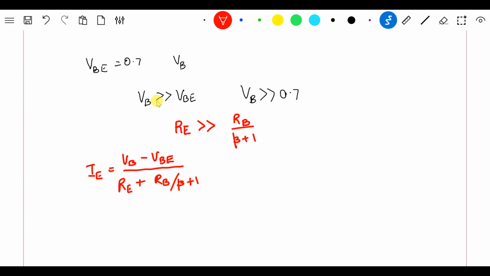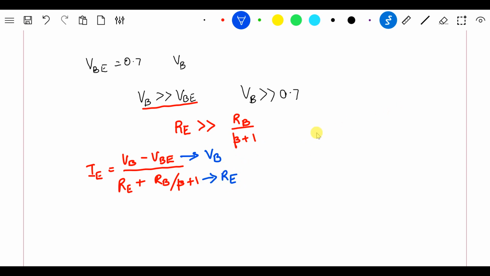Now, if VB is very much greater than VBE, then the numerator can be approximated to VB. And if RE is very high compared to RB by beta plus 1, I can approximate the denominator as RE.